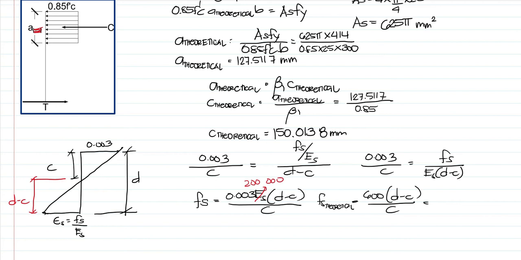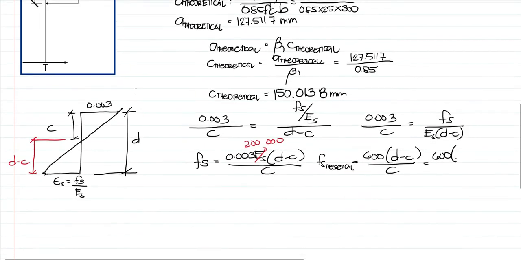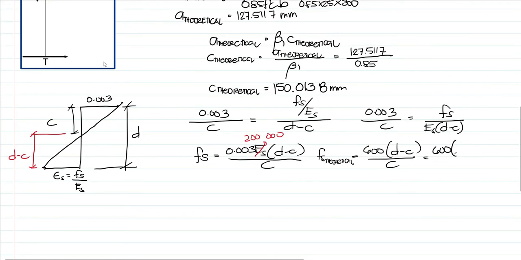So that is 600 times D, which is 387.5 minus our C, which is 150.0138, divided by 150.0138.